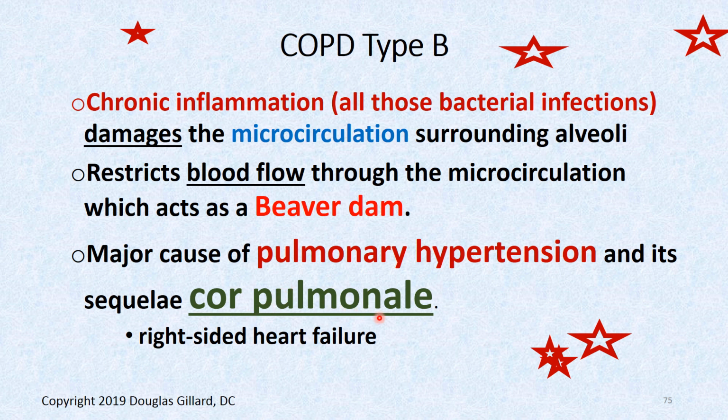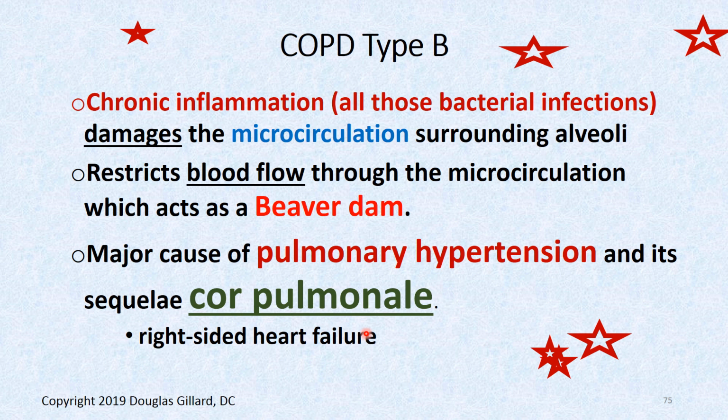It's really caused by the COPD, chronic bronchitis type of COPD, as opposed to emphysema, although that can scar the microcirculation too, in just a different way. And we know cor pulmonale is right heart failure, secondary to a problem with the lungs.